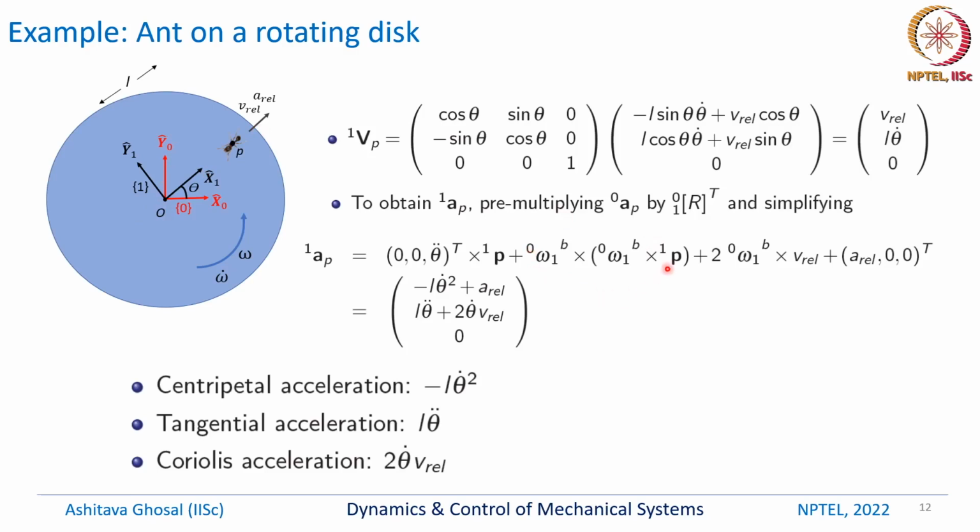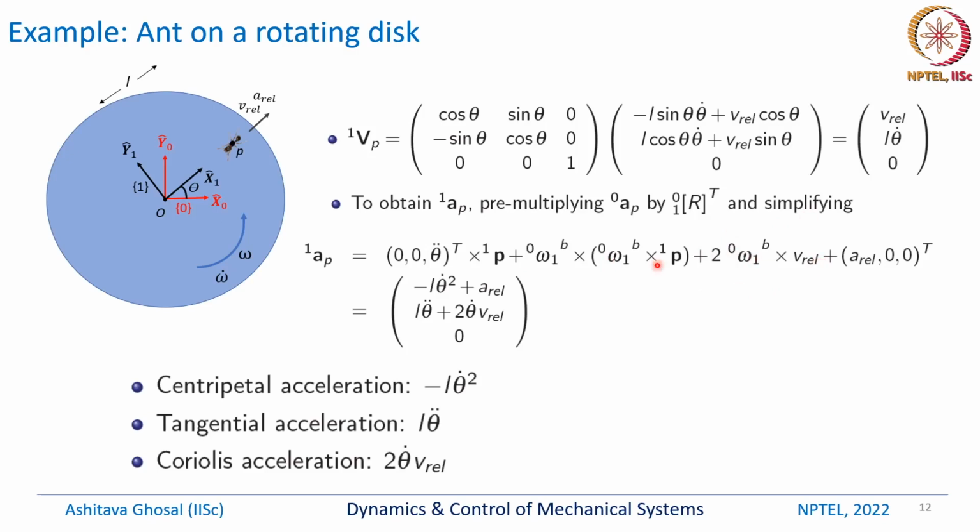Then we also have this Coriolis term, and then we have a centripetal term which is omega cross omega cross r, and then we have the acceleration of this ant in the coordinate system 1. That is nothing but a rel, 0, 0. We assumed that the ant was traveling along the local or the rotating x-axis.